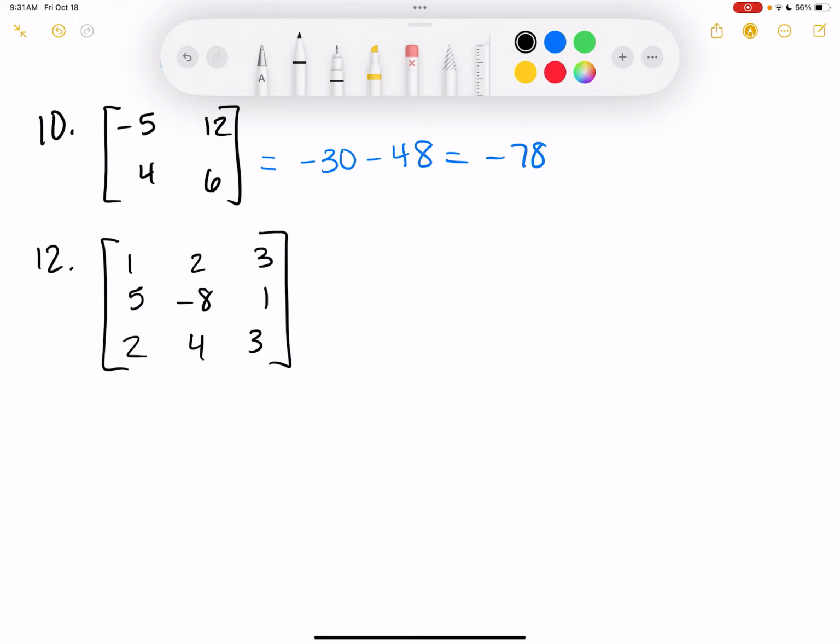So the first thing we do, I'm going to circle the 1. That's what's being multiplied, and it's going by this square here. So it's 1 times the determinant of this, so negative 24 minus 4.